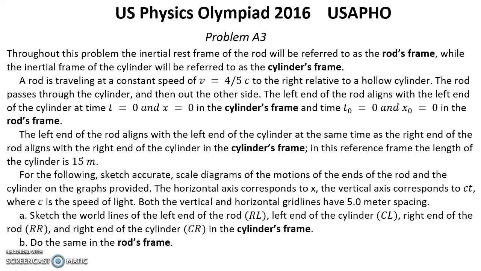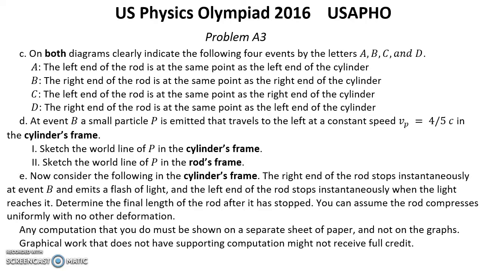Question B. Do the same in the rod's frame. Question C. On both diagrams, clearly indicate the following 4 events by the letters A, B, C, and D. A. The left end of the rod is at the same point as the left end of the cylinder.